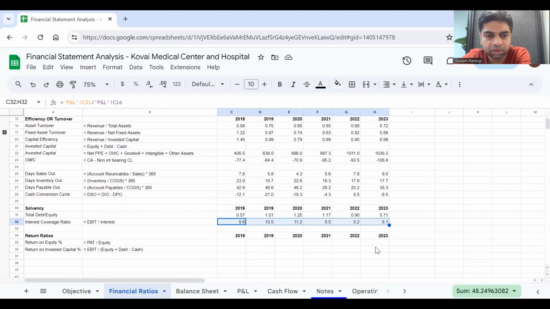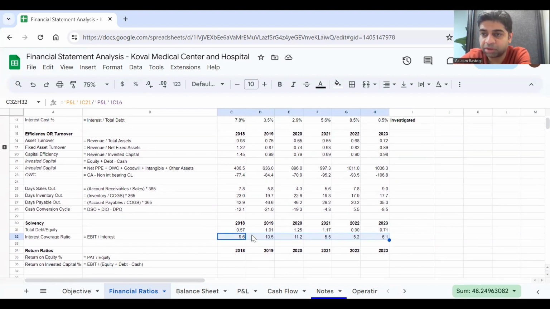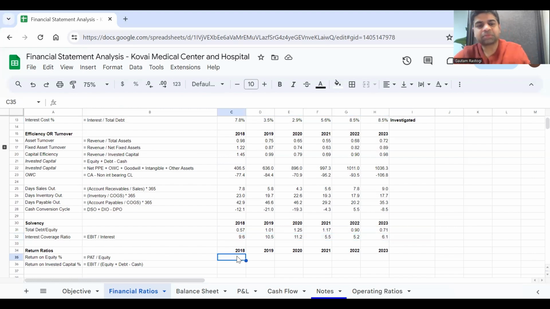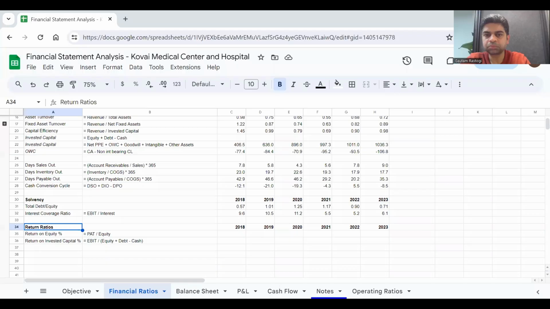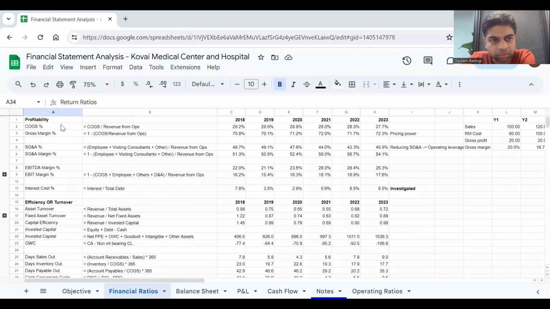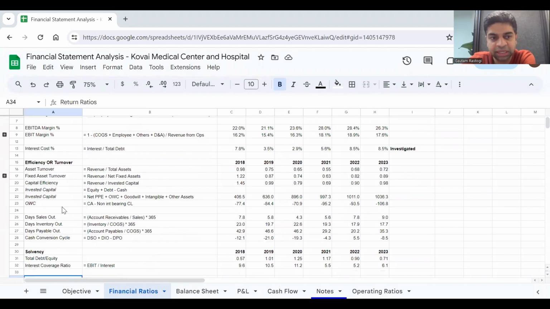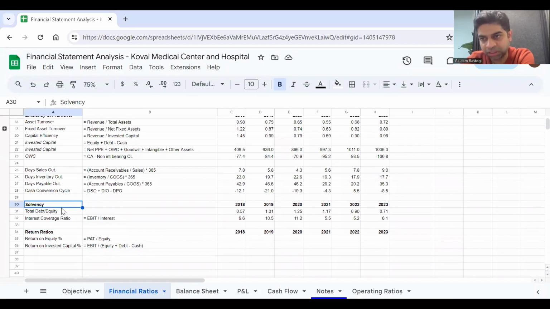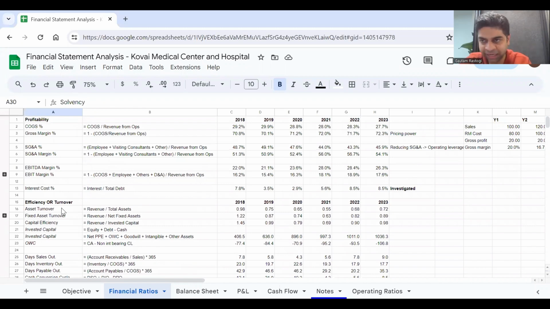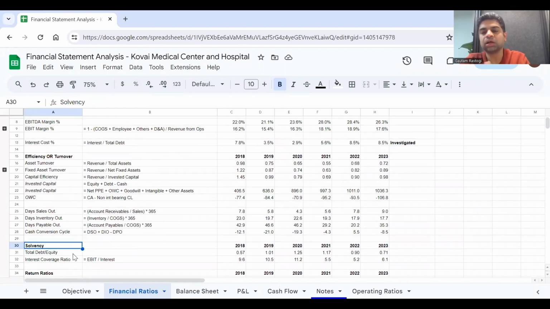Now let's talk about return ratios. Everything that we've done until now, profitability, efficiency, and solvency or capital structure, all of these three things combined actually give you the return ratios.